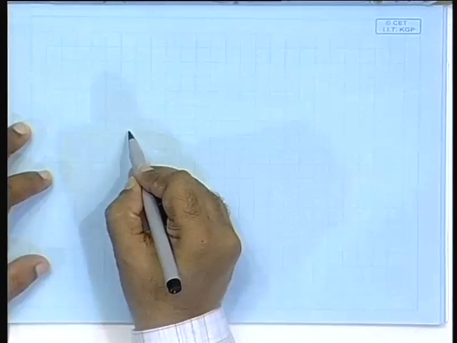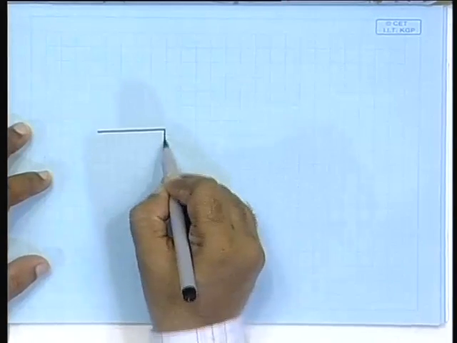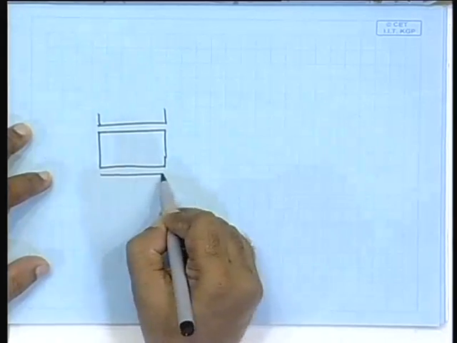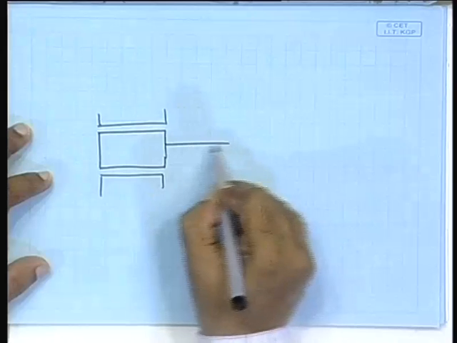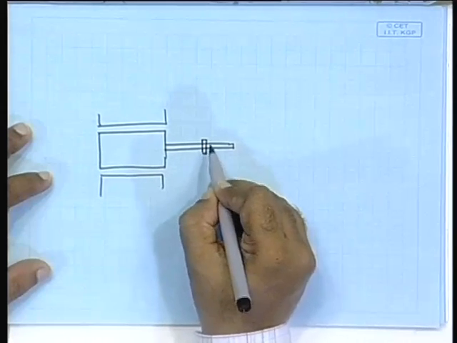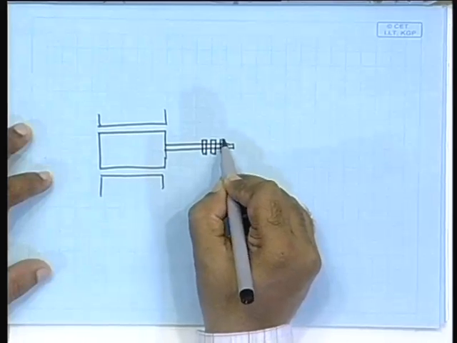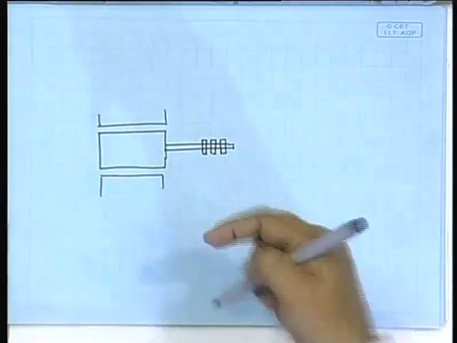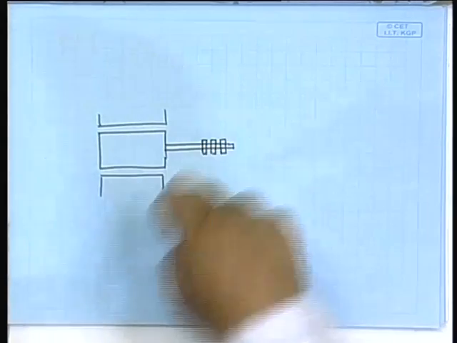So, in the rotor also you have, so this is the stator side, and the rotor has a shaft, and in that shaft there are rings like this called slip rings, and there is a contact to these slip rings.